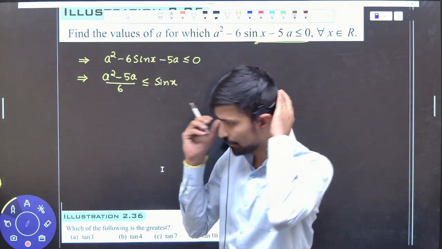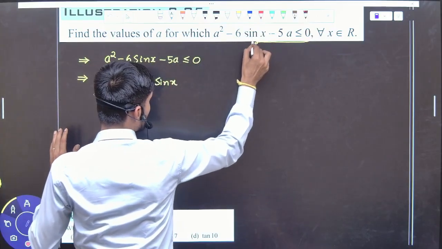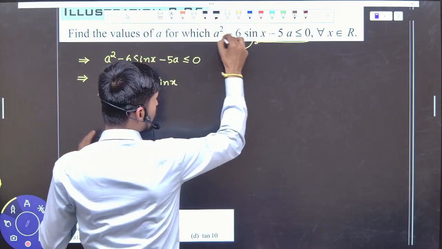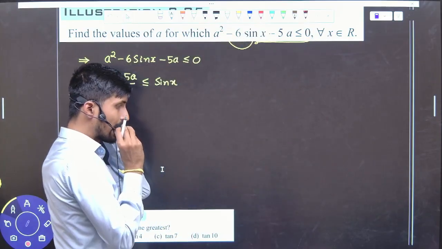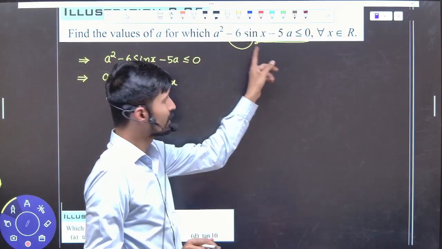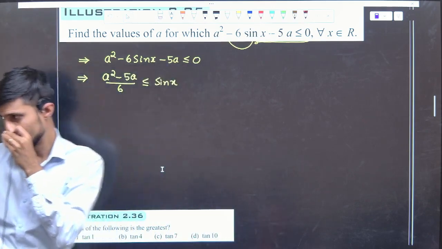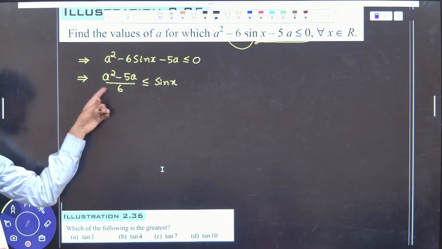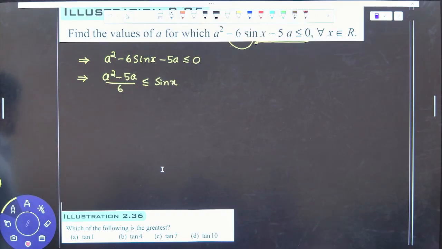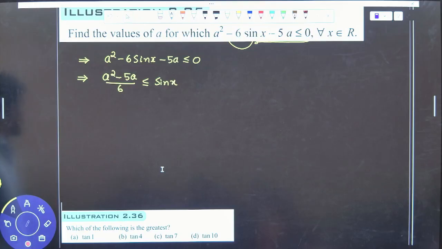This question is trigonometry sin x mixed with some polynomial, and that polynomial has some variable, and the question is for what a this total will be less than or equal to 0. Now just start thinking about this system. It means we want this to be less than or equal to the value of sin x.